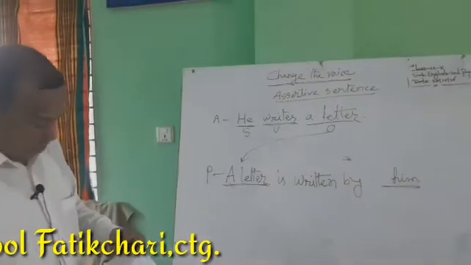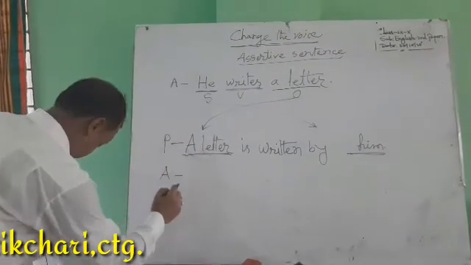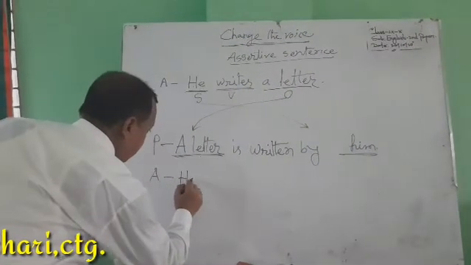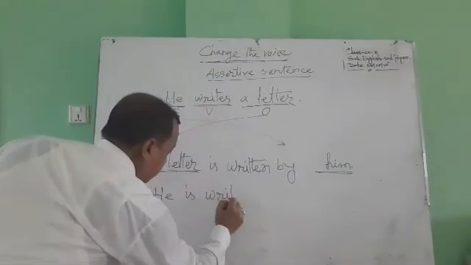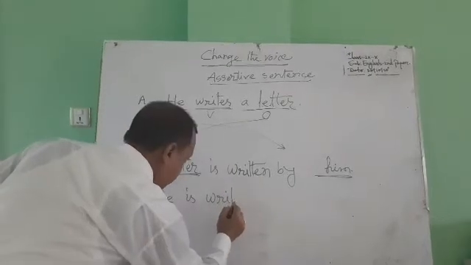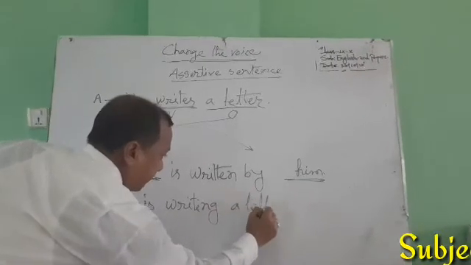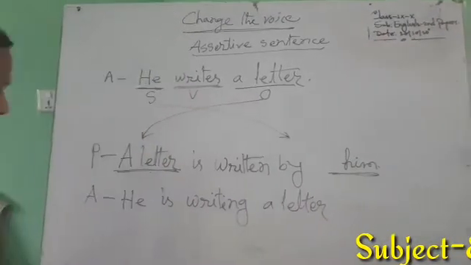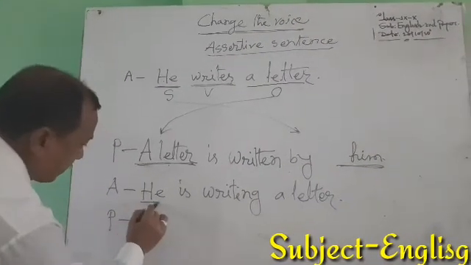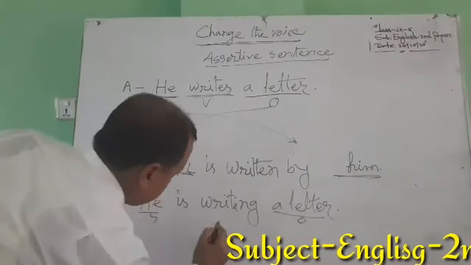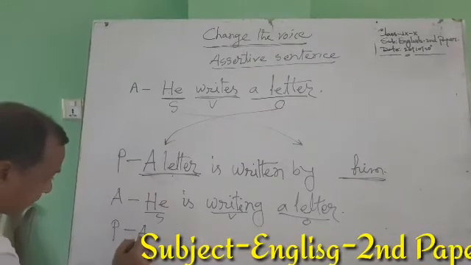Then another example, active: He is writing a letter. Then our passive will be subject, verb, object, a letter.